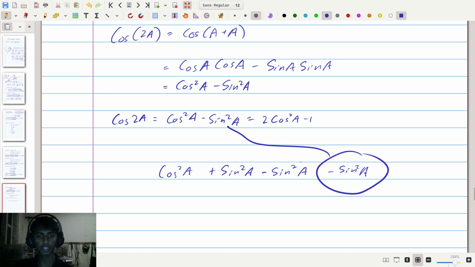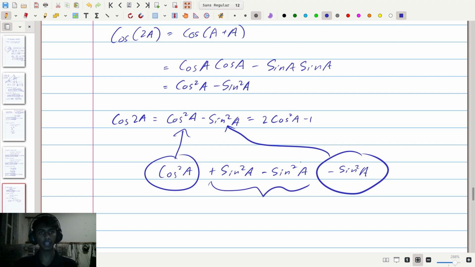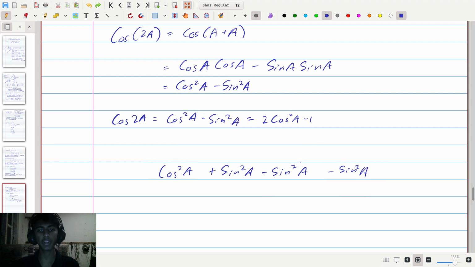This is the original, and these two were added and subtracted, which means nothing has changed. We have the same exact thing as we had earlier. But now we pair these two together. We have minus sine squared A and minus sine squared A. So this is minus 2 sine squared A.